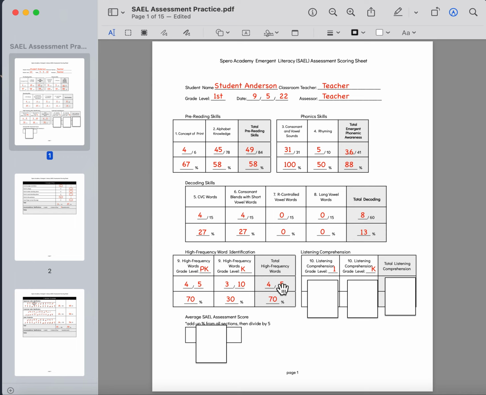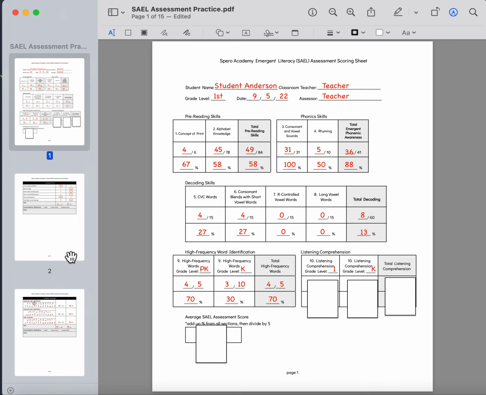I'm only going to score this one. Okay, I'm only going to score the pre-K 70%. I'm not going to add these two up. I'm only concerned with the one that they got within that range, so between 60 and 80%.